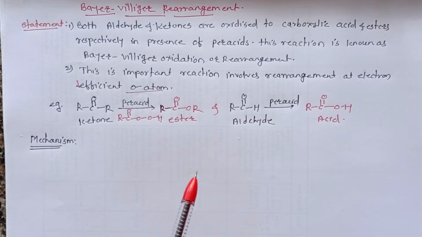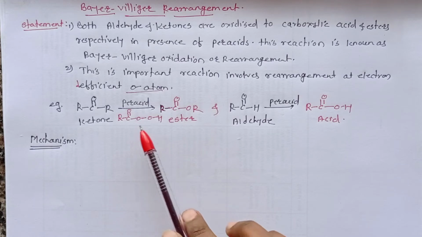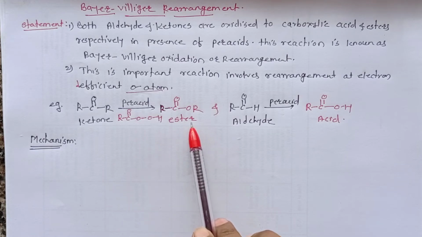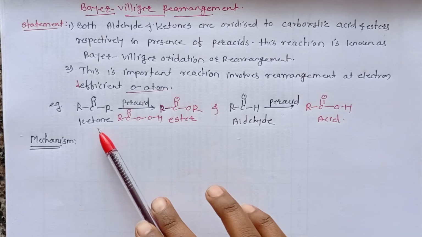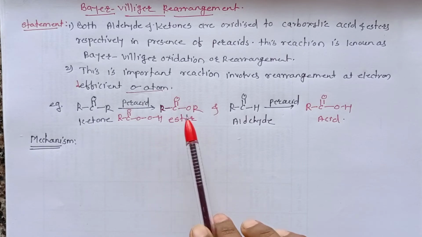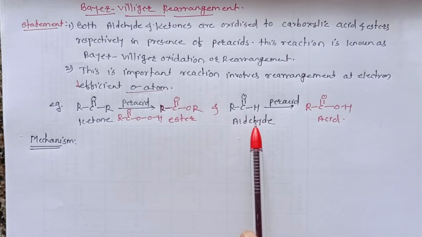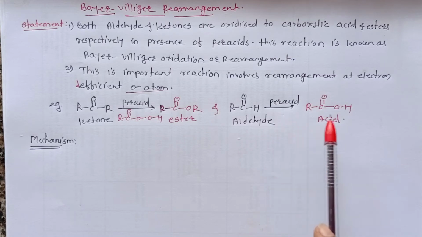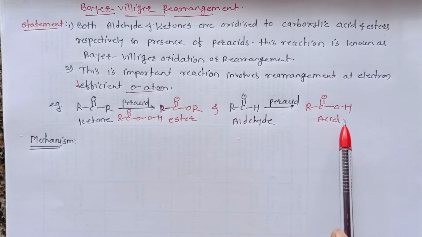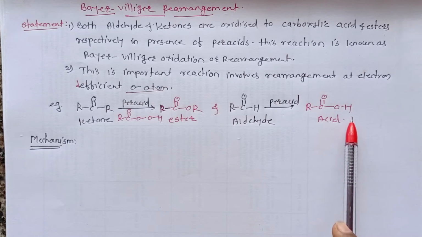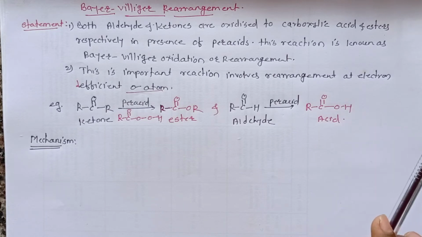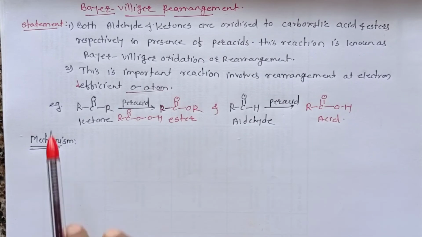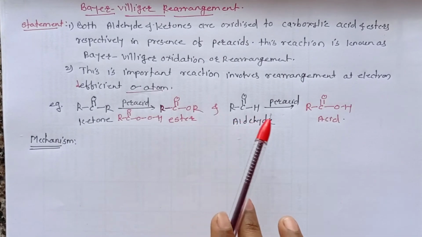So formation of your ester, that is your final product. So starting compound is ketone, then formation of ester. Then we take the starting compound as an aldehyde in presence of per acid, formation of acid product, your final product. So this is the general idea about the Baeyer-Villiger rearrangement.